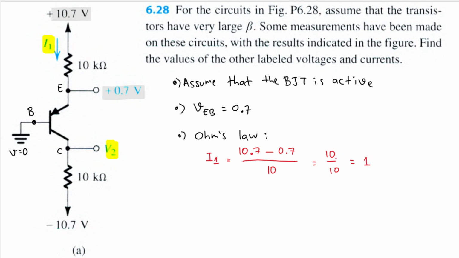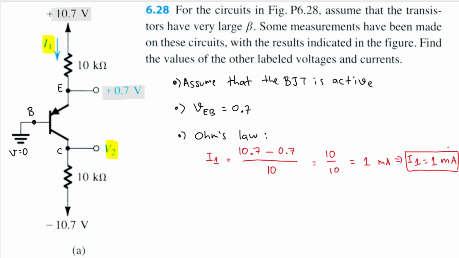The unit, because this is volt and this is kilo ohm, is milliampere. So we get the first value, I1 is equal to 1 milliampere. That is good.